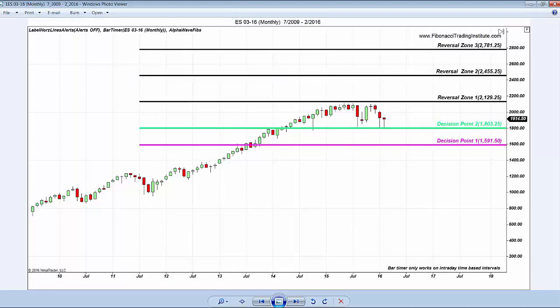Famous 1800 decision point 2 on monthly. Do you remember 2014, 2015, 2016? This is a chart that's been present in the trading room since 2011. Key correction, key Fibonacci support. Do you see 2800 in front of you? Was it reached 2 years later? Of course it was.